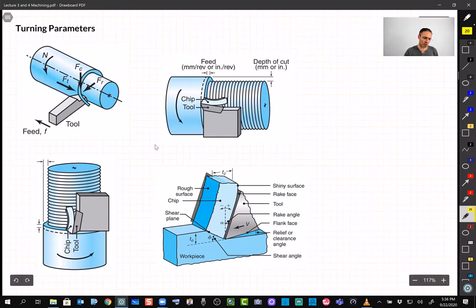All right, but let's look quickly at the turning parameters, step by step. On the image on the top left, we see the same workpiece and the tool bit.